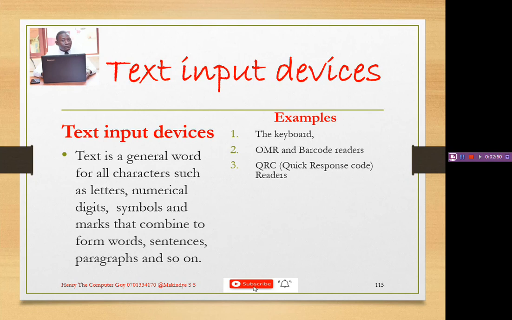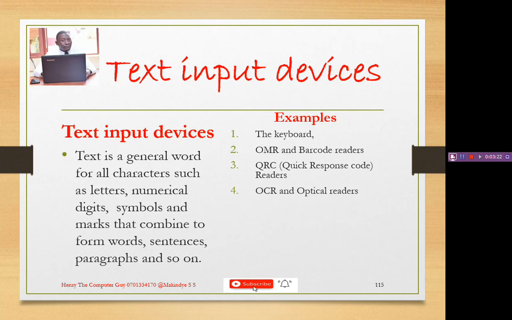That code that you always scan with your camera is what we call the QR code. Are we together? It is far better than the barcode readers because it can read characters, it can read alphabets, it can read kanji. Kanji are just Japanese characters. The barcode readers read only the numbers contained in the bars on the products that you have.